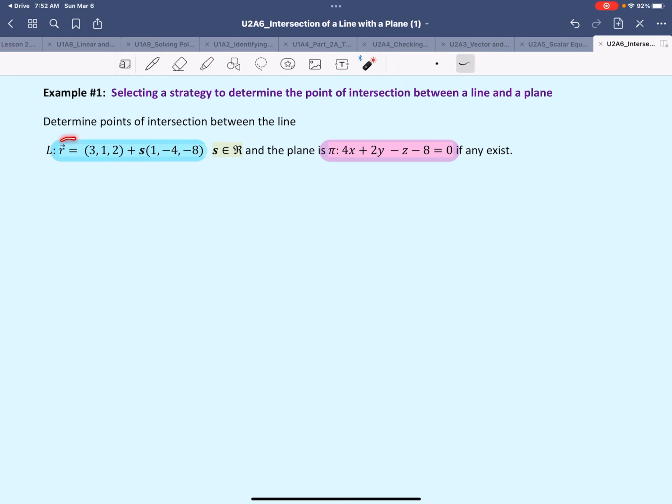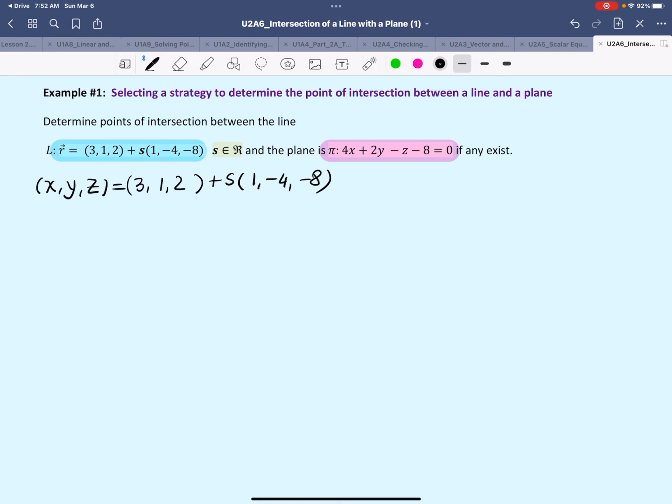Now remember that any point on this line can be the intersection point if that exists. So what we're going to do is first derive the coordinates of any point on this line. For this, we're going to write the coordinates x, y, and z of any point equals (3, 1, 2) plus s times (1, -4, -8).